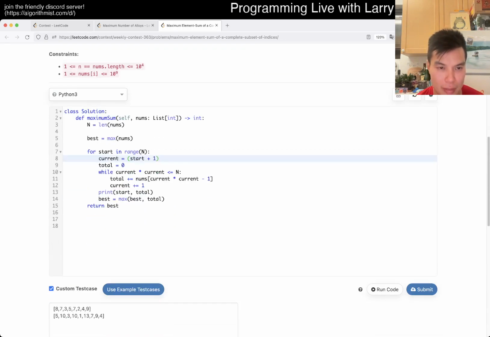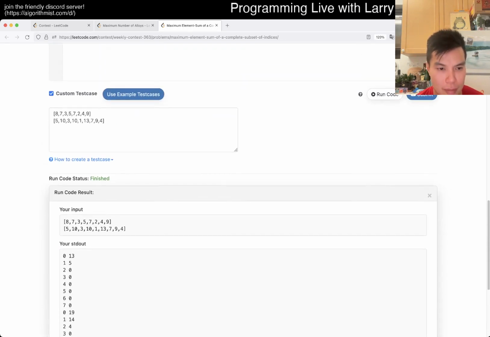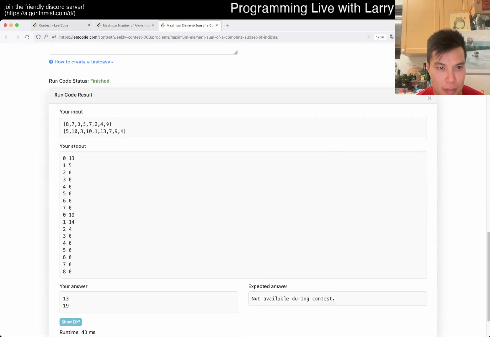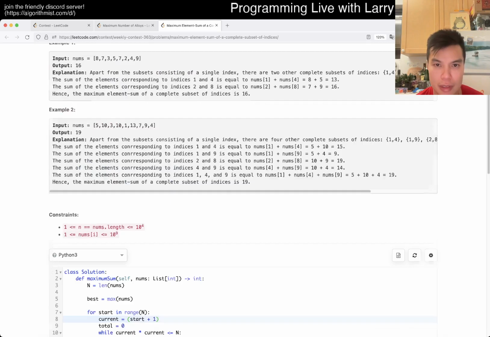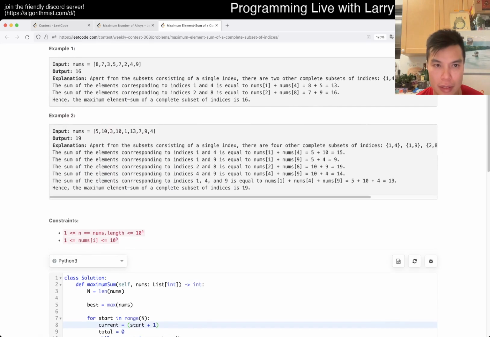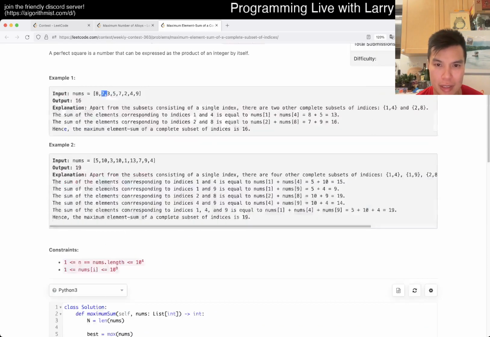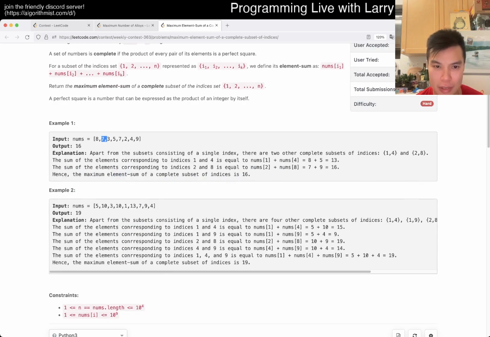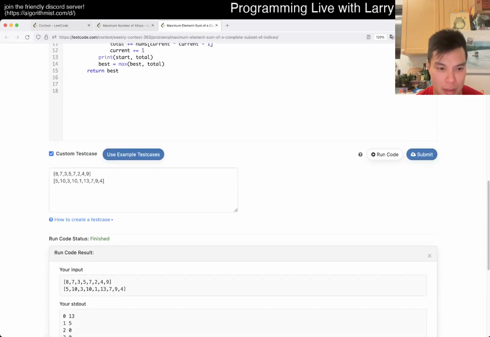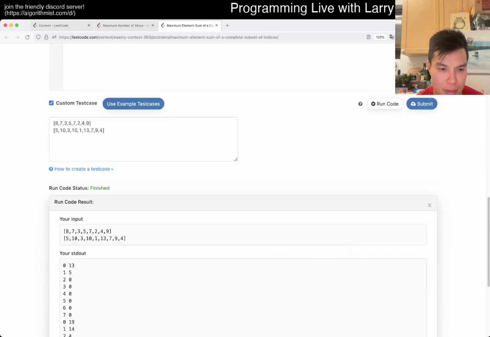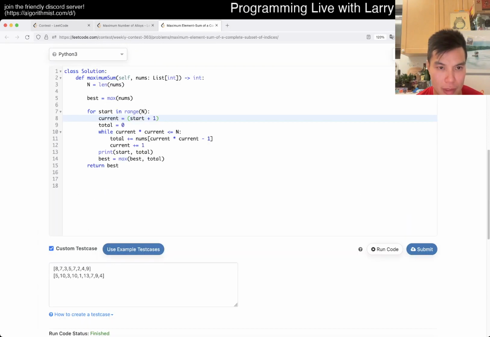Well, I guess 1 times that is true, but 2 and 8, right? Index 2. Oh, index 2 is this. I hate you when you're 0 indexing. 0 is going to be 1. We want 1.